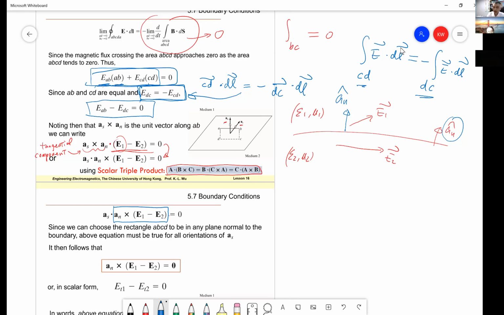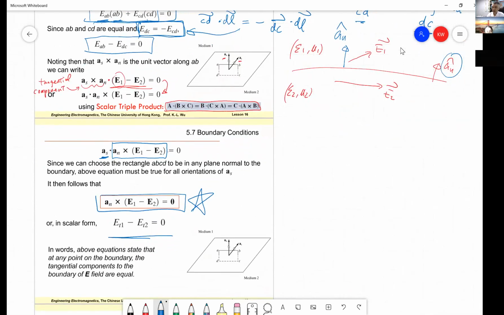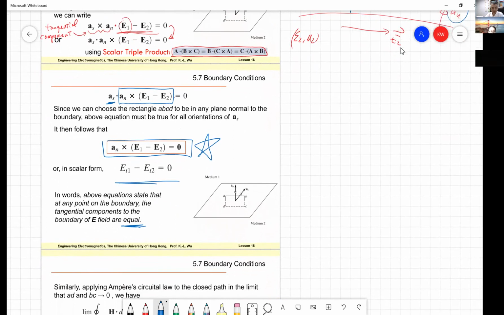Then you dot with arbitrary AS, and that equals 0. That means no matter how you choose your AS direction, this is always true. That means the tangential electric field is always continuous. This is a very important boundary condition.